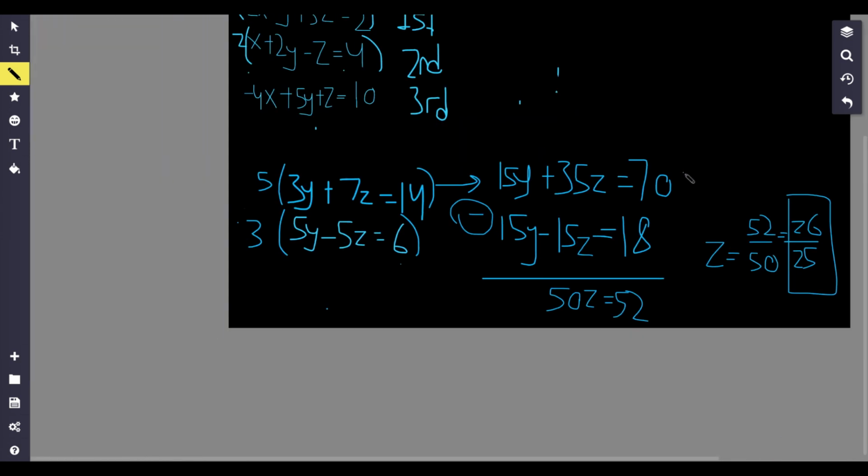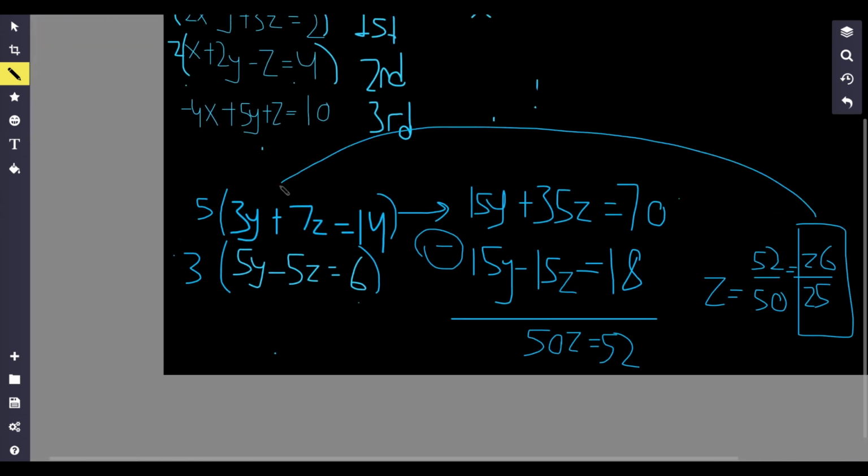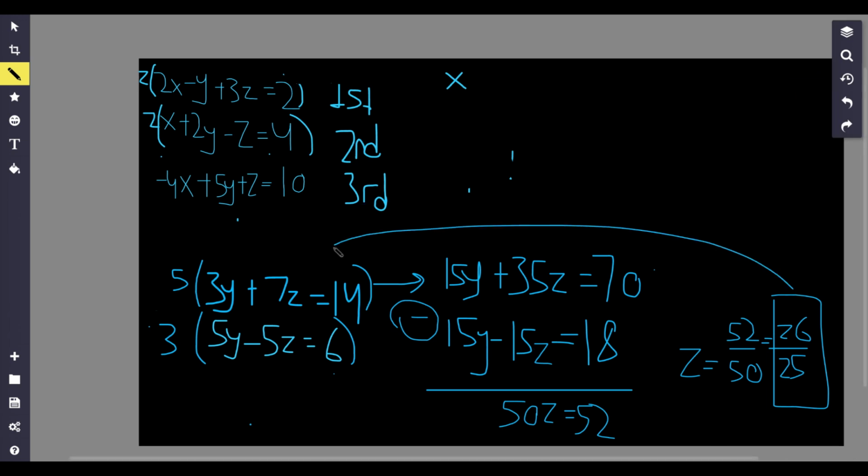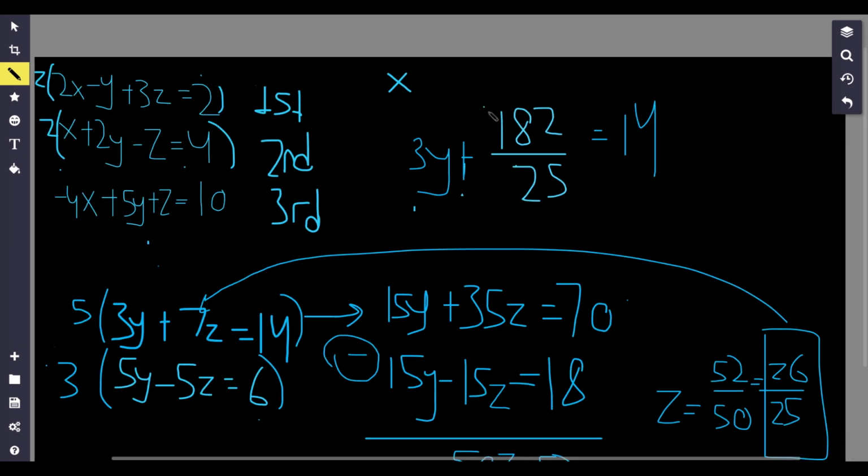Now that we know what z is equal to, let's substitute it back into one of the mini system of linear equations. In this case, let's substitute it into the first equation. I get 3y plus 7 times 26 over 25 equals 14. 7 times 26 is just 182, and then this is over 25.